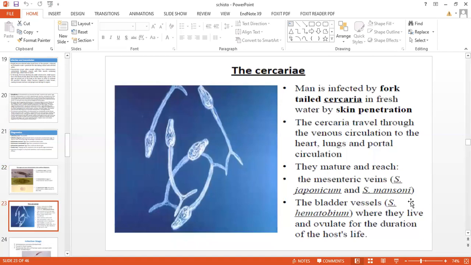They mature and reach the mesenteric veins. The species which reach there, I already mentioned, are Japonicum and Mansoni, while for the urogenital species it is Haematobium, where they live and ovulate for the duration of the host's life.